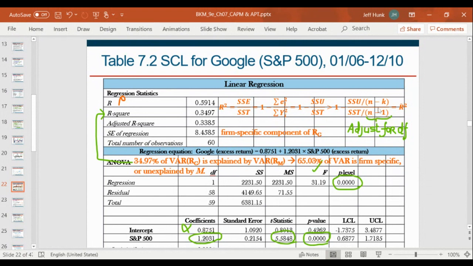Then n minus 1 makes sense, but then what is n minus k? The k is actually the number of explanatory variables, or number of independent variables. In this example, we have only one explanatory variable, which is market excess return, right?